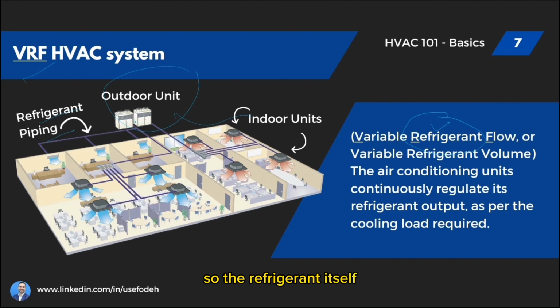So the refrigerant itself flows into the different pipes, providing the refrigerant to these indoor units. As an example over here, you can see that some of the spaces are heated, some of the spaces are cooled. So this gives the benefit of a more regulated refrigerant flow into the different spaces as per the cooling load required from the occupants.